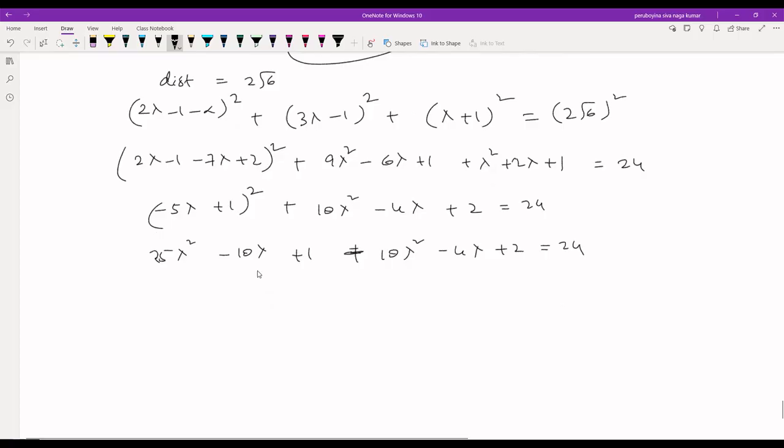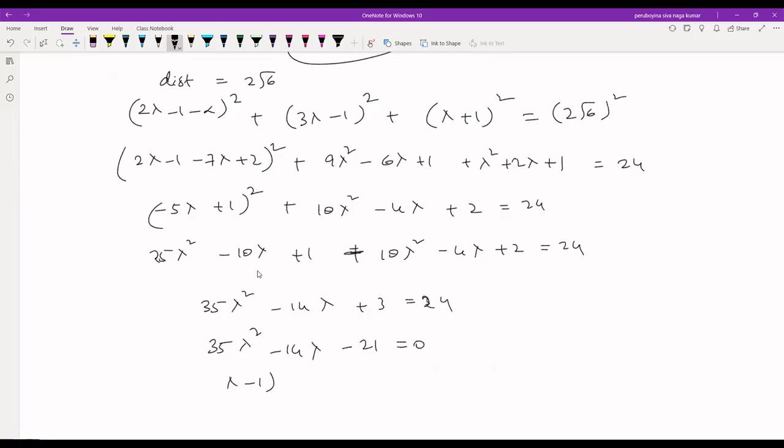It will be 35 lambda square, minus 10 lambda minus 4 lambda is minus 14 lambda, and 1 plus 2 is 3, equal to 24. Now we solve this quadratic equation: 35 lambda square minus 14 lambda minus 21 equal to 0.